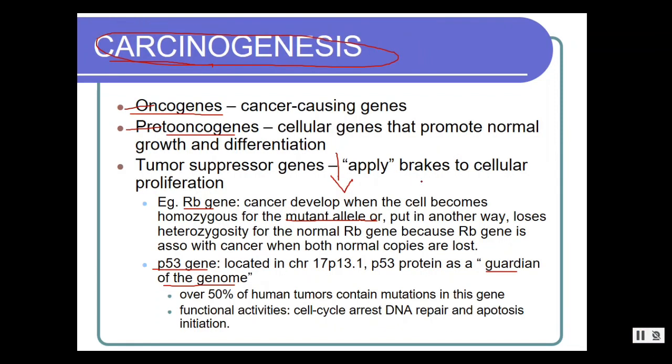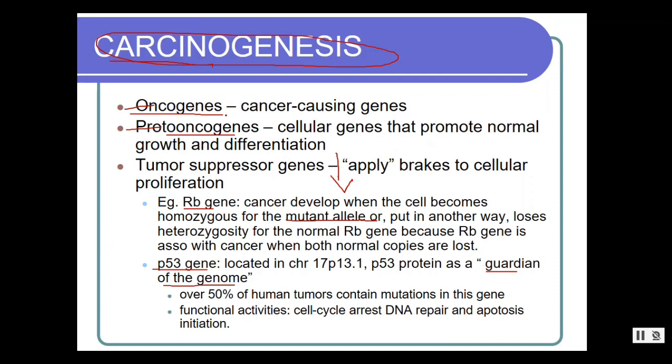Okay, so how does cancer form, or what is the carcinogenesis of cancer? Okay, so all of us have oncogenes. What are oncogenes? These are cancer-causing genes. And what are proto-oncogenes?